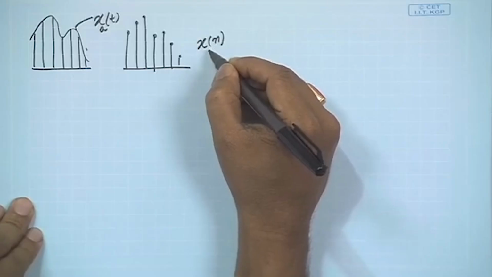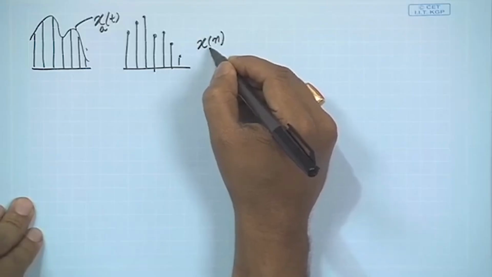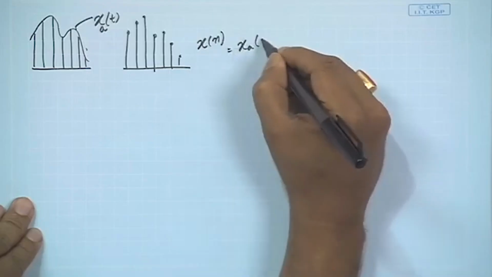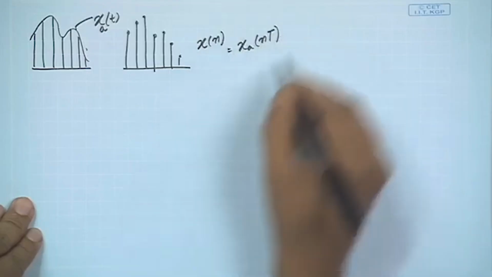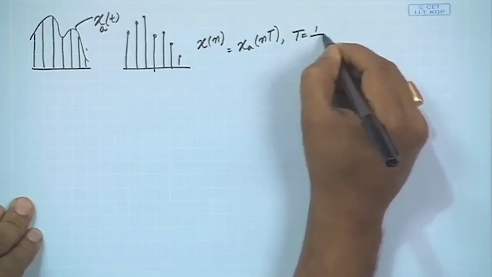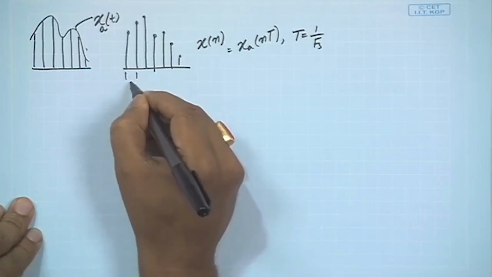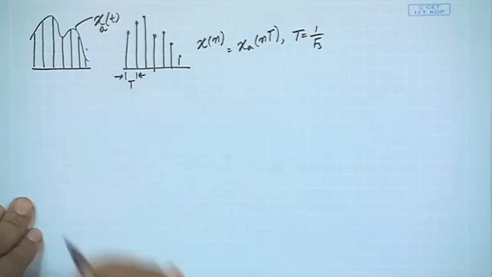These are basically signals x a of n t, where t is equal to 1 by f s, that is the sampling frequency. So, this interval is known as t, that is what we discussed.